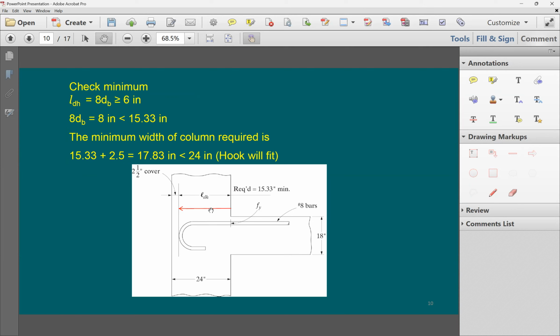Are you guys following me? Am I clear where this number is coming from? Yes. 24 subtracting 2 is 22, subtracting an additional half, so this is going to be available as 21.5 inches.